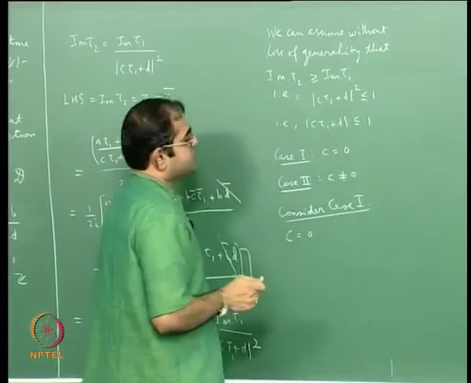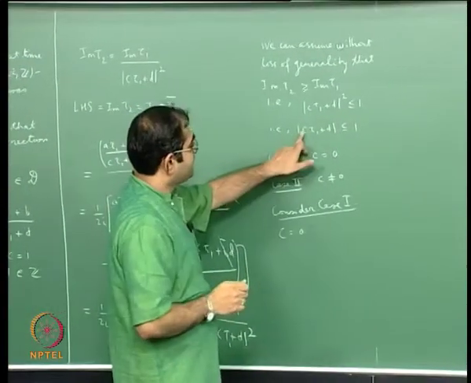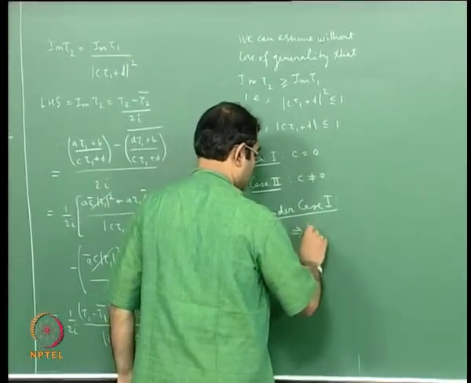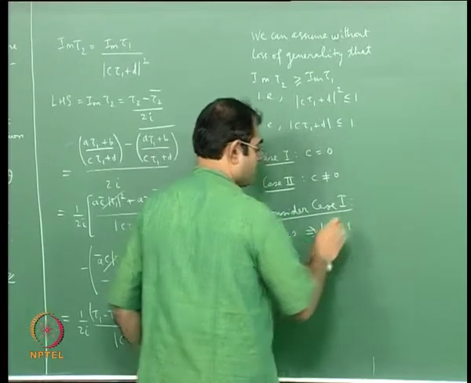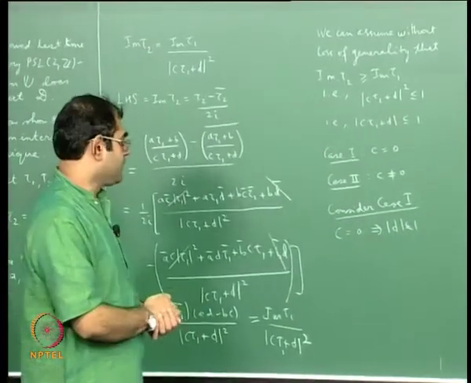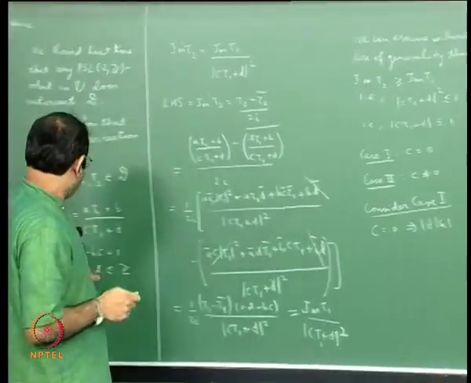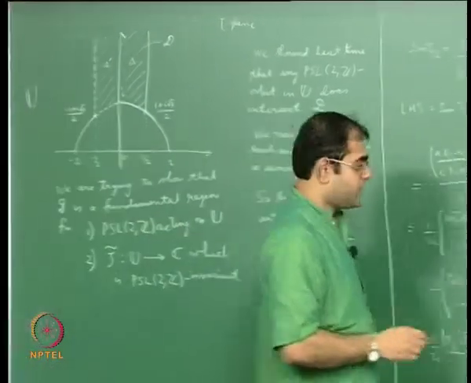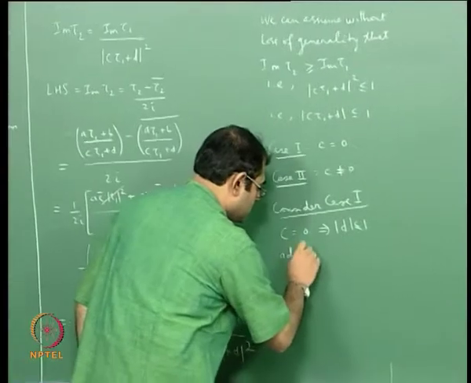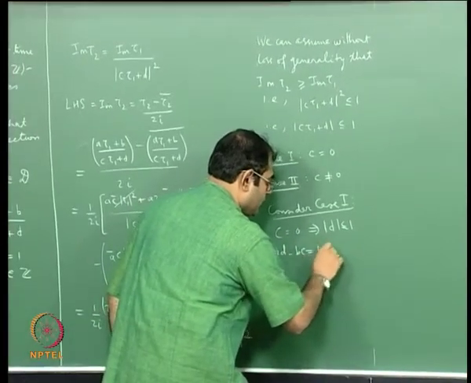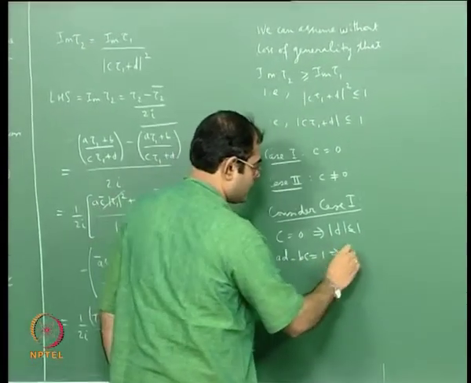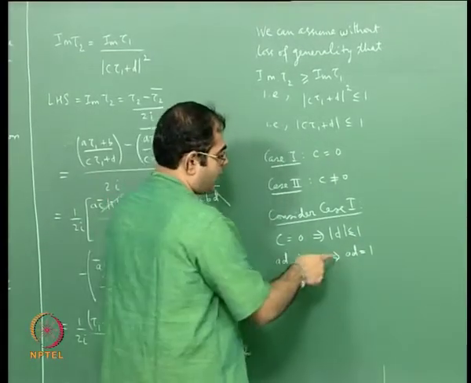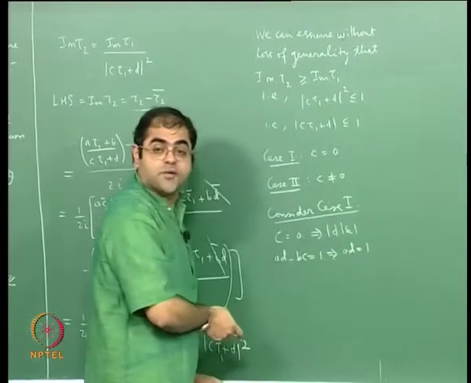If C is 0, you will get mod D is less than or equal to 1. On the other hand, AD minus BC is 1, so since C is 0, it tells me AD is 1. Mind you, AD is 1, therefore D is not 0.